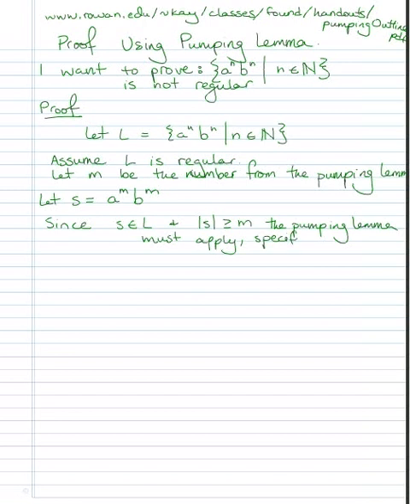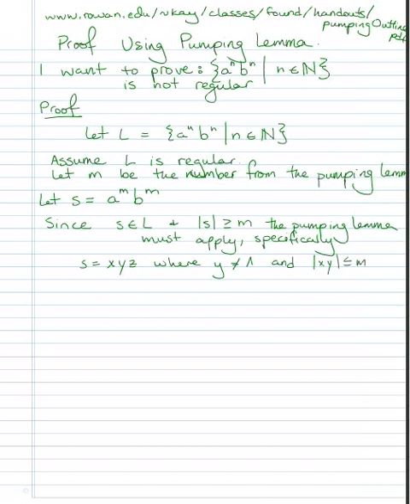Specifically, S can be split into X, Y, and Z, where Y does not equal lambda, and the length of the XY part is less than or equal to M.